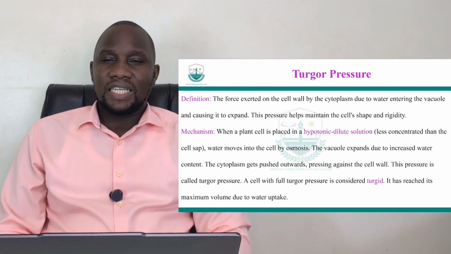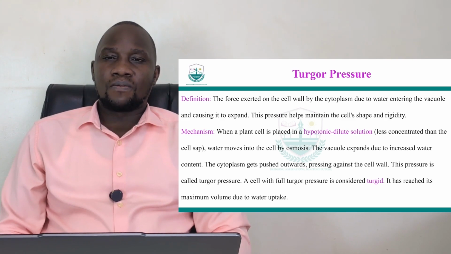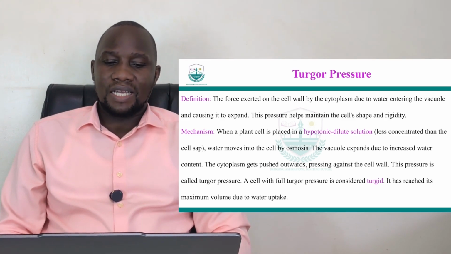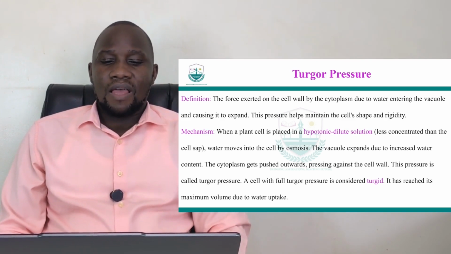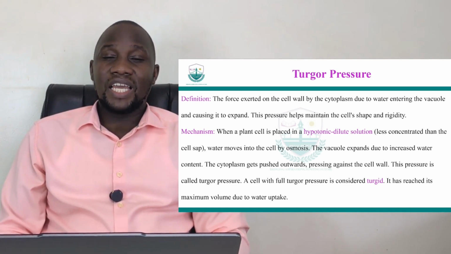So when the water enters into the cell, the vacuole will expand, and when the cell vacuole expands, it will push against the cytoplasm, and that same pressure is transmitted to the cell wall. So that is the turgor pressure that we are talking about. When the cell is fully turgid, we say that it has full turgor pressure, so it has taken in a lot of water.